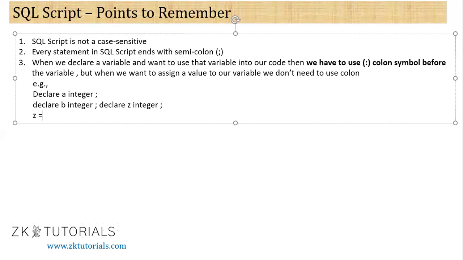Z equals to, what I just told you: when we declare a variable and want to use that variable in our code, we have to use the colon symbol. We have declared the a and b variables. Now I want to use them in our code, so I have to use the colon: a plus colon b, and then end the line with a semicolon. Is this clear, guys? I hope this one is clear to everyone.